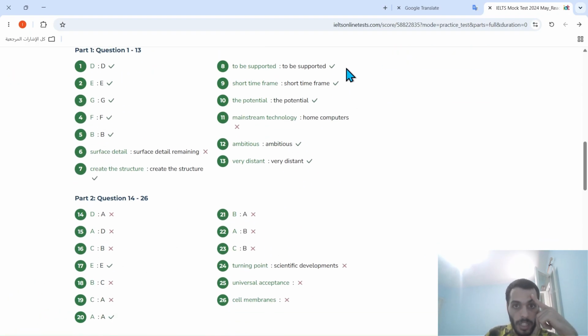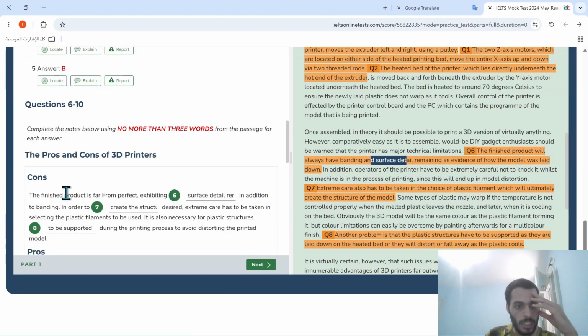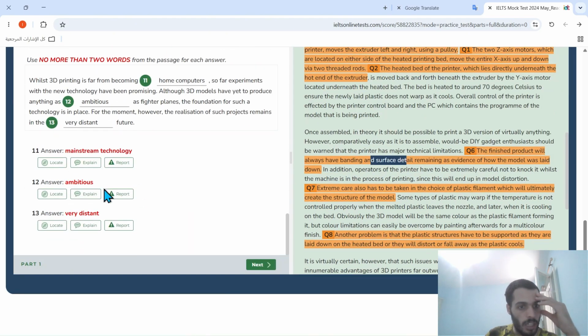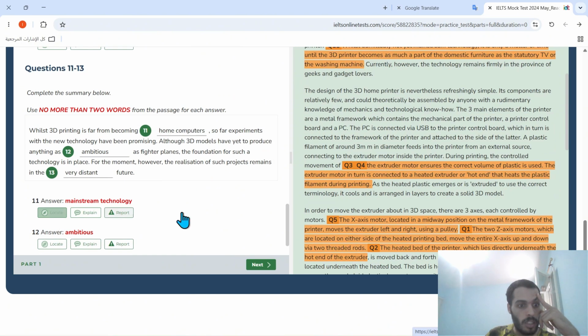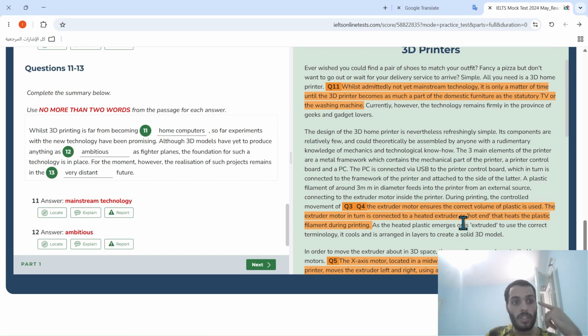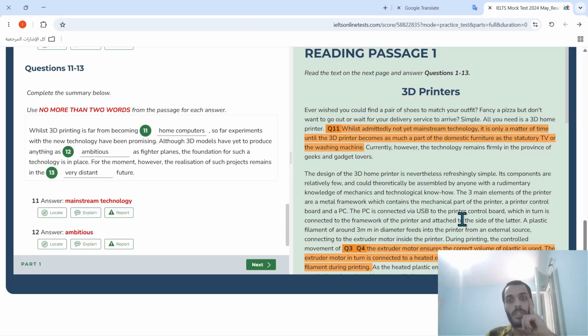We create the structure, right. Mainstream technology. Ambitious, very distant. So mainstream technology. Wireless 3D.